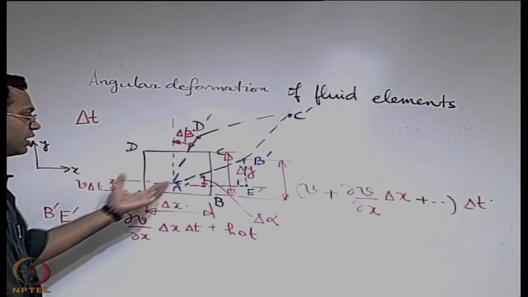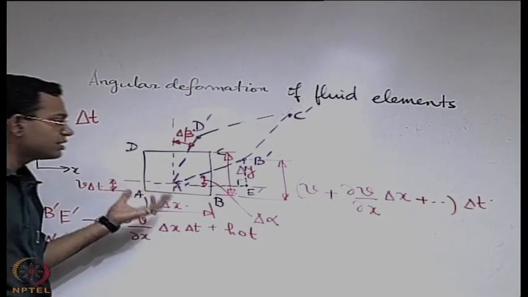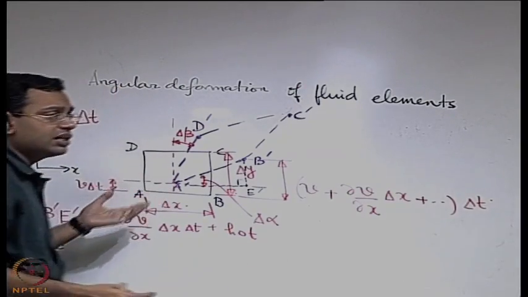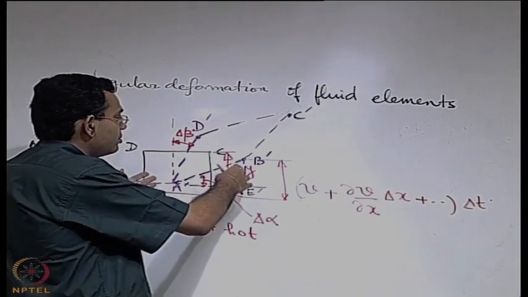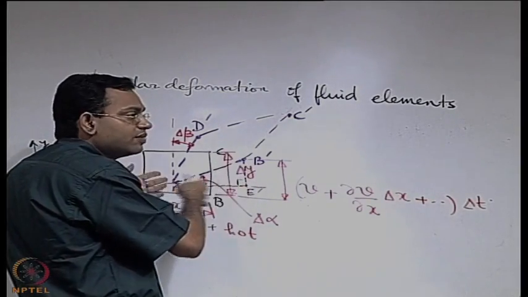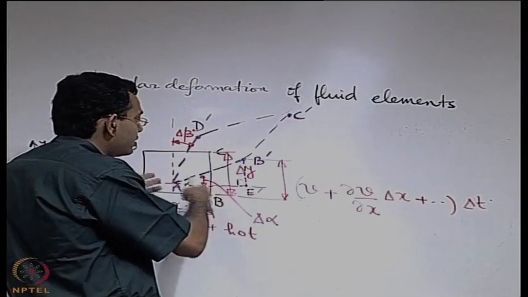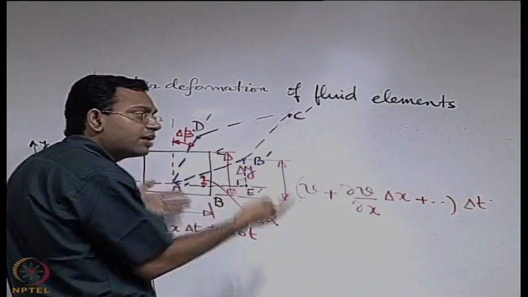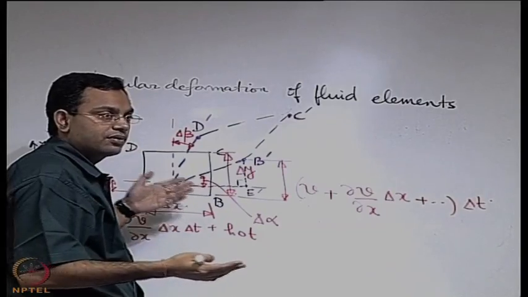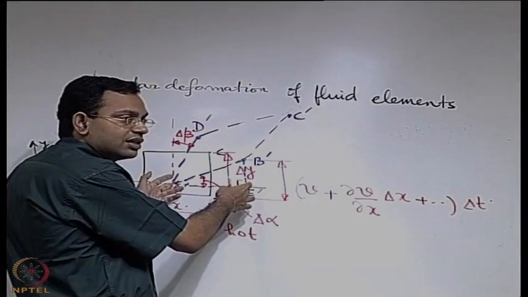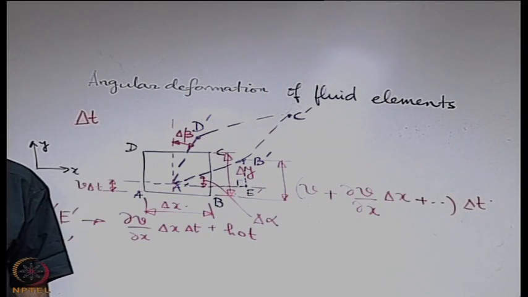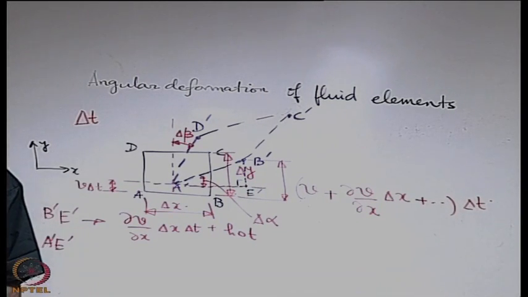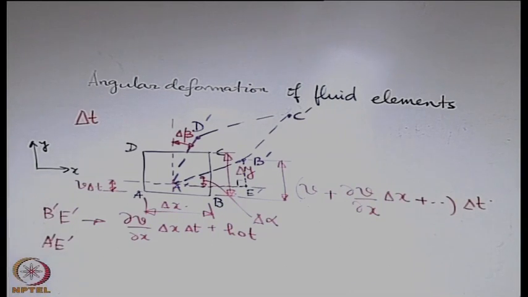It is not exactly delta x, because when the fluid element has got deformed, this component along x gives the linear deformation along x. So linear deformation along x is not 0 in general, therefore it is not same as delta x, but it is actually delta x plus the change in delta x. So delta x plus the strain along x times delta x, and that is much smaller than delta x itself.